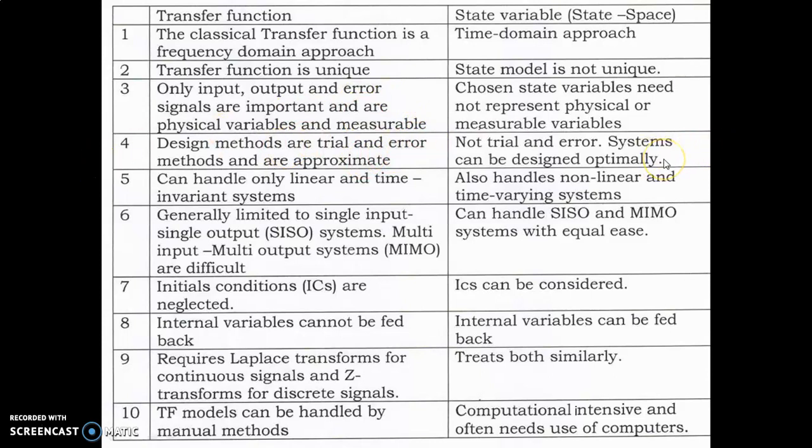Okay. Transfer function can handle only linear and time invariant systems. And the state variable approach also handles nonlinear and time varying systems, because it can be applied to linear as well as nonlinear, and also time invariant and time varying systems.